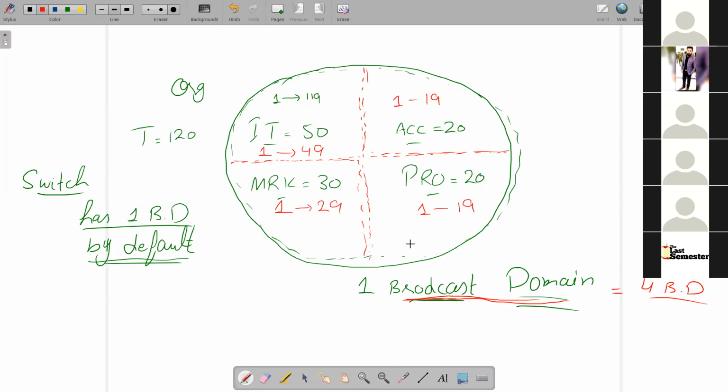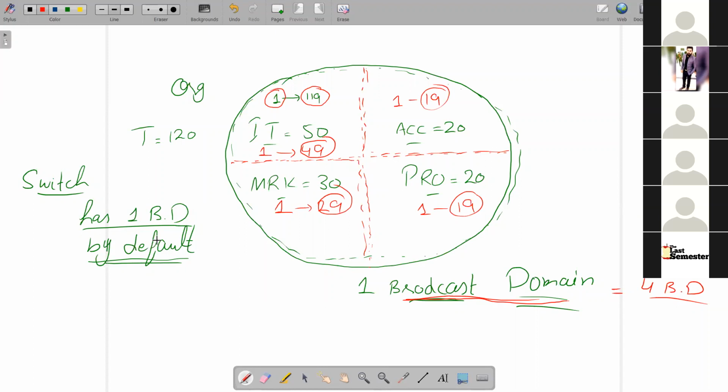With the broadcast domain split into multiple broadcast domains, you can see that if one person from any department does the broadcast, not all 119 will receive that broadcast. And now see the factor. You have minimized the broadcast flood.